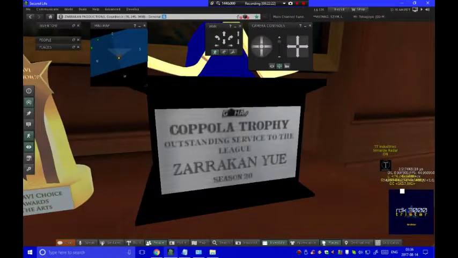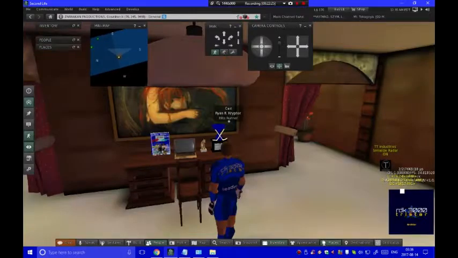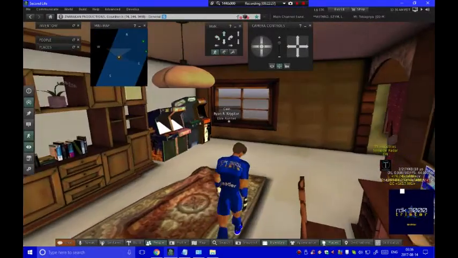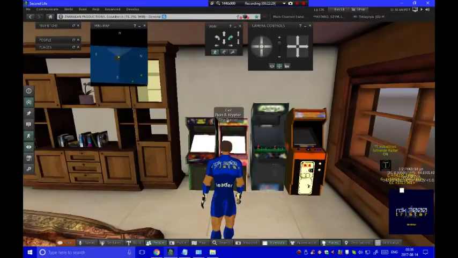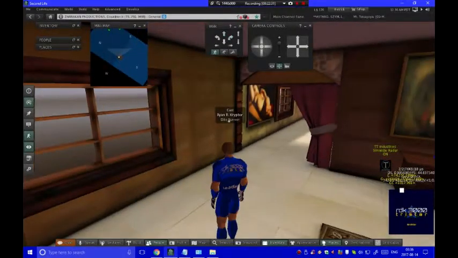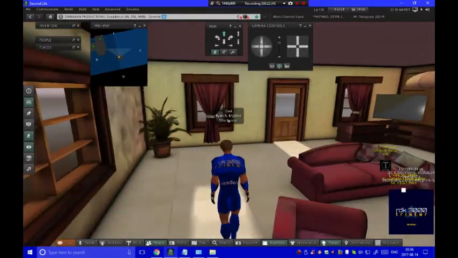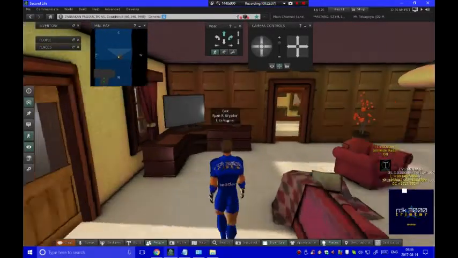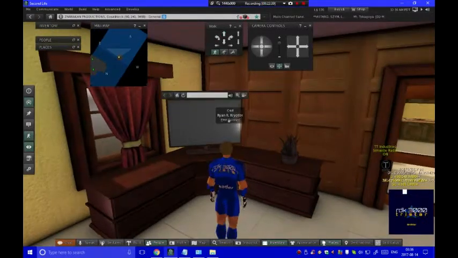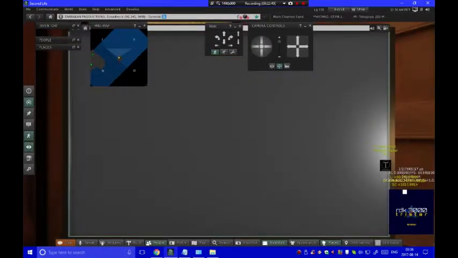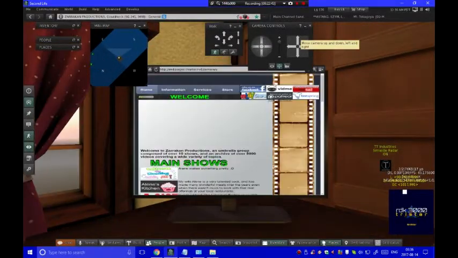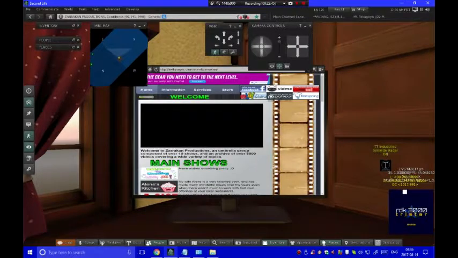Some game thingies. Let's head to the TV section. There's a TV guest here. Please and go back. This was the Zarrakan website.